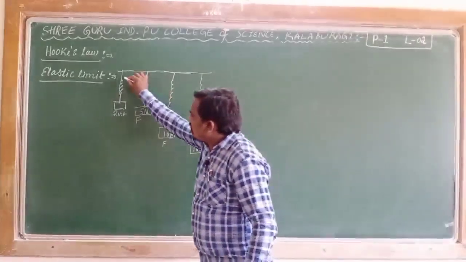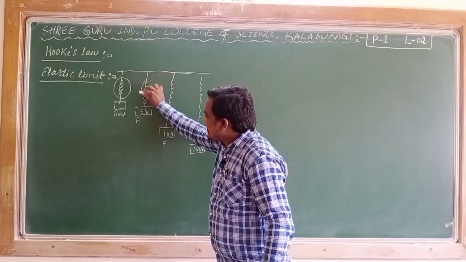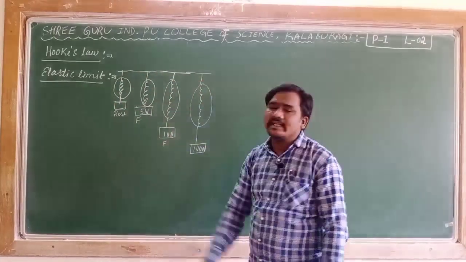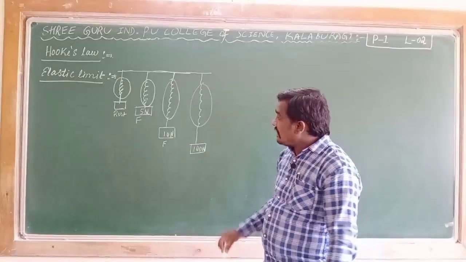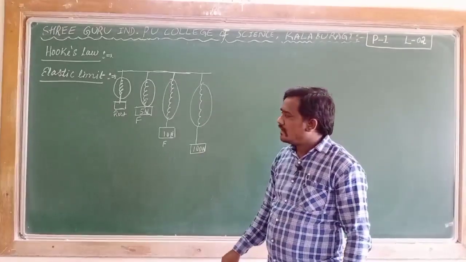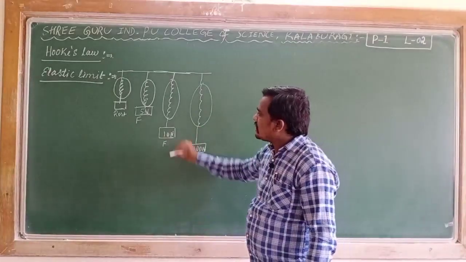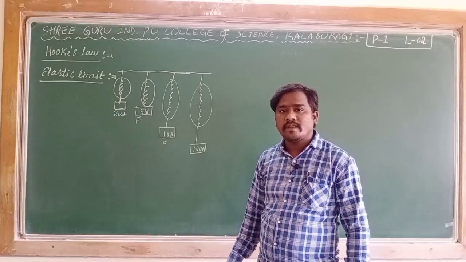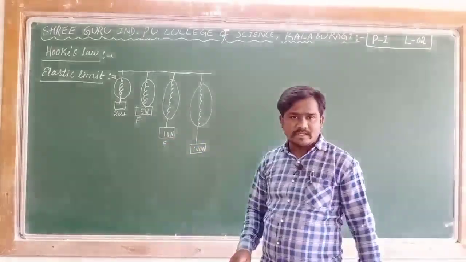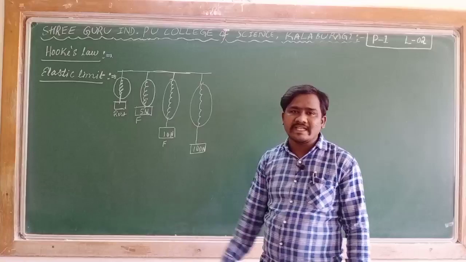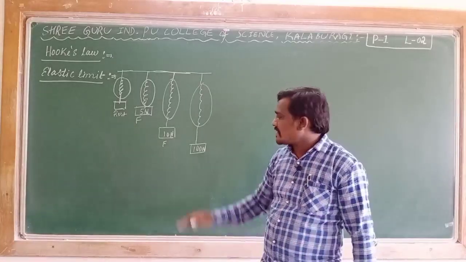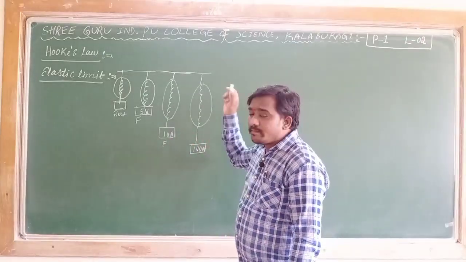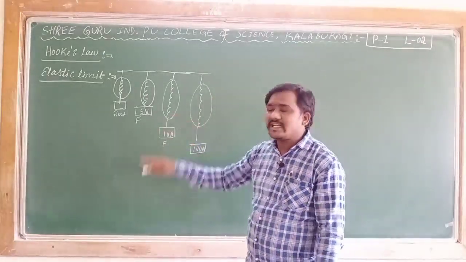The property of elasticity goes on increasing, but at a particular instant the body regains its original shape or size. Beyond that point, the body does not regain its original shape or size. That point we call the elastic limit.